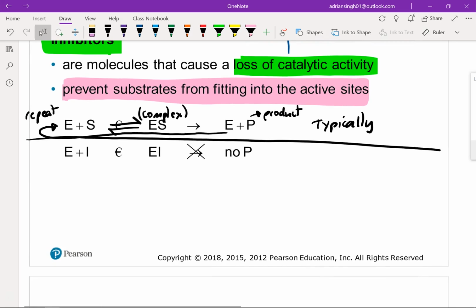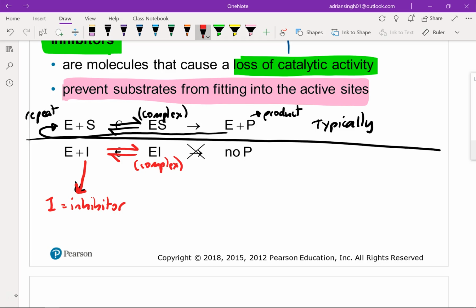When there is an inhibitor present, though, I here now would represent the inhibitor. Right? What can occur now is the inhibitor can bind to the enzyme and form an enzyme inhibitor complex.